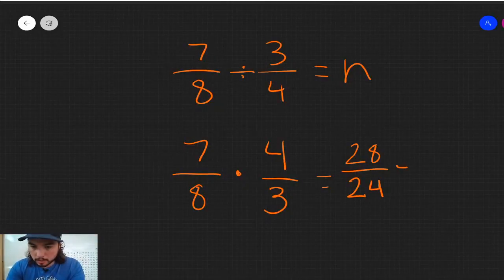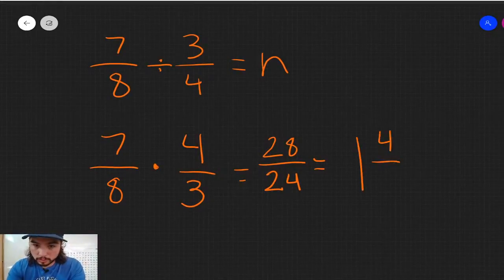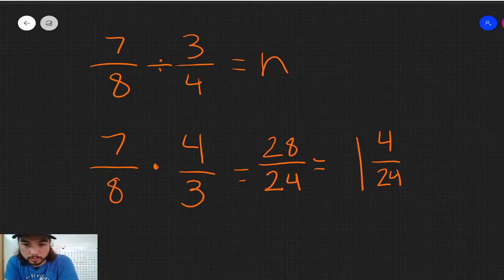I know we can make 1 with 24 24ths. And that leaves us with 4 24ths left. All right, I've subtracted those 24 24ths out in order to regroup them as 1. And I'm left with 4 24ths that don't fit in that whole 1. And I know that both 4 and 24 are divisible by 4.